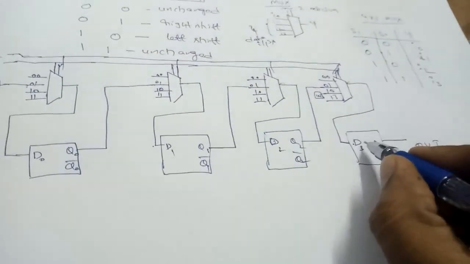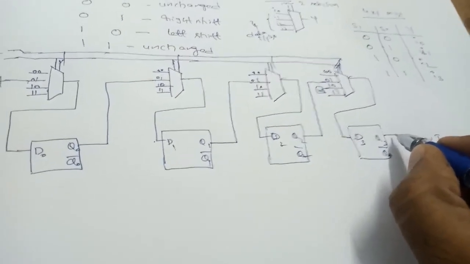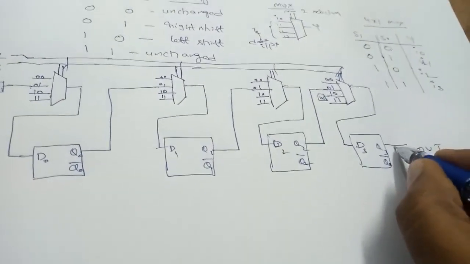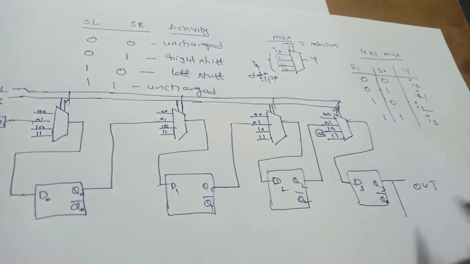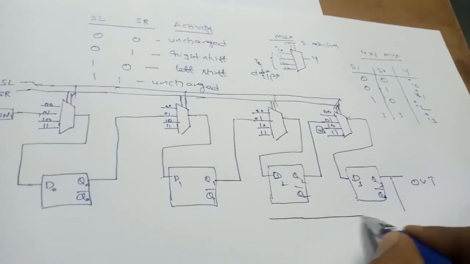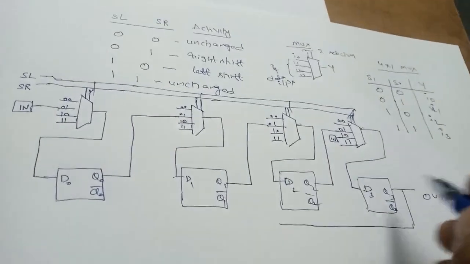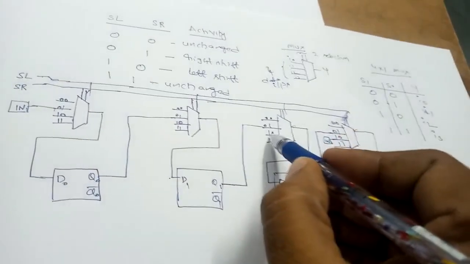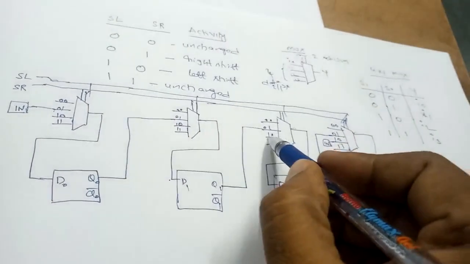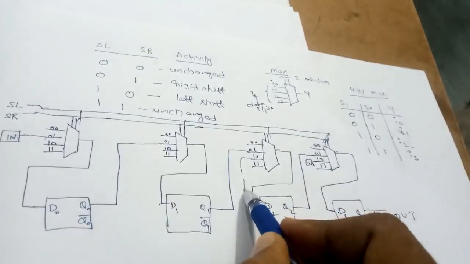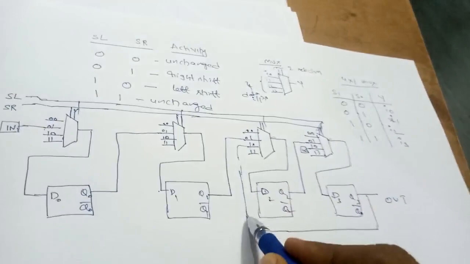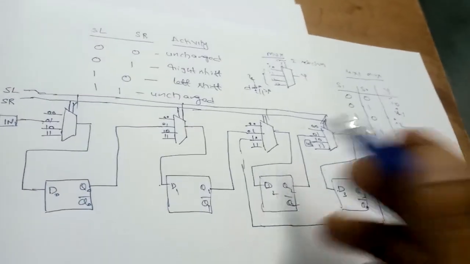So during the next clock cycle, the data stored in the last flip-flop has to be given to the flip-flop to the left of it. Therefore the output of the last flip-flop, that is Q3, has to be given to the preceding multiplexer here.